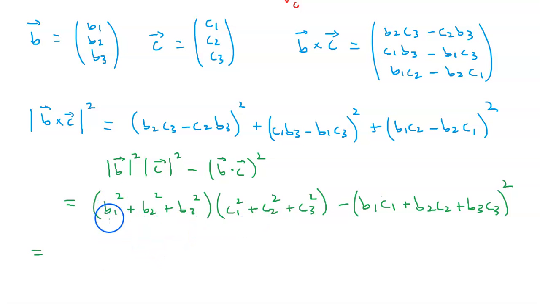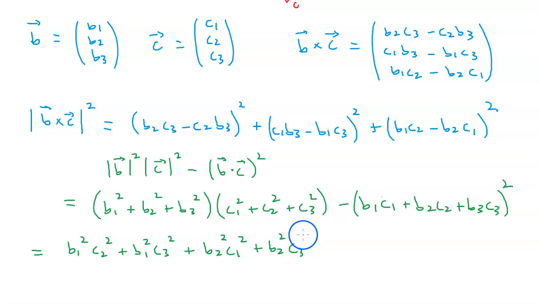We can just focus on the other two: B1 squared C2 squared plus B1 squared C3 squared plus B2 squared C1 squared, and then we don't have B2 and C2 because it's cancelled out here, so B2 squared C3 squared, plus B3 squared C1 squared plus B3 squared C2 squared.